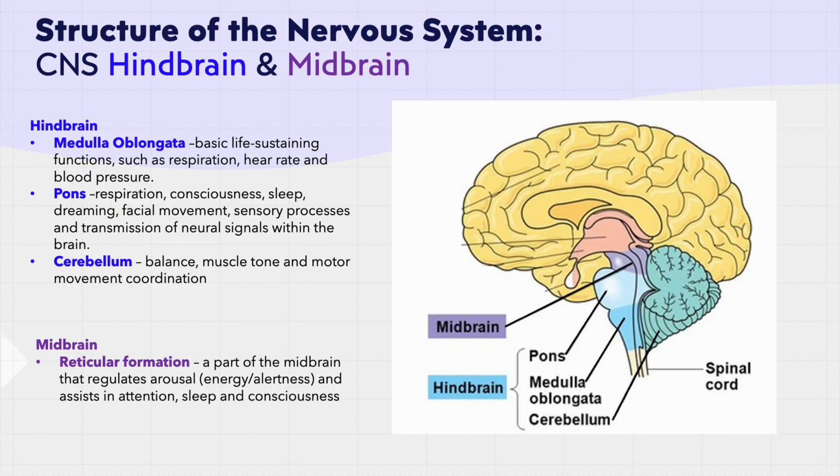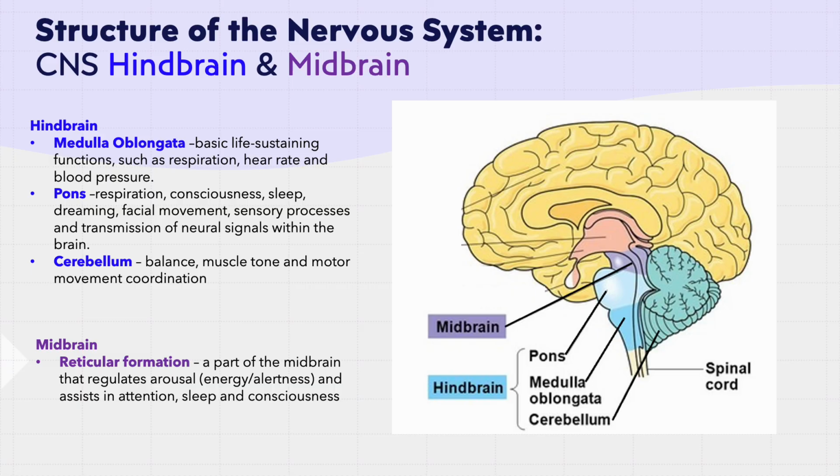You also have the pons, so that deals more with consciousness, sleep, dreaming, facial movement, sensory processes, and transmission of neural signals within the brain. And then we have our cerebellum, so that's balance, muscle tone, motor movement coordination. Research does show, though, the cerebellum plays a role in perception, memory, and emotion, and abnormalities are actually linked to depression, bipolar disorder, and ADHD.